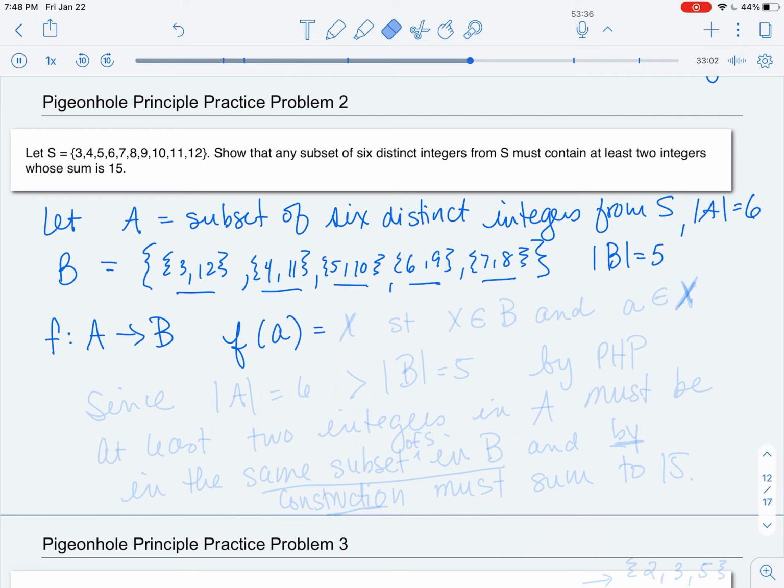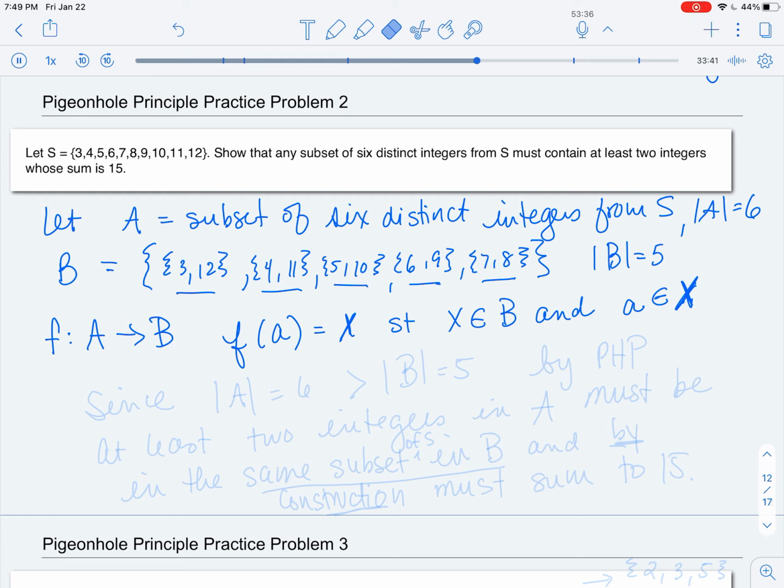You'll notice now I defined B to be the set of all subsets of S of size 2 such that their sum is equal to 15. And now I can map A to this subset X such that X is in B and A is an element of this subset X. That's a nicer way to write that.